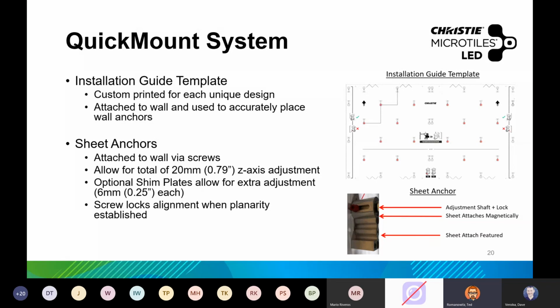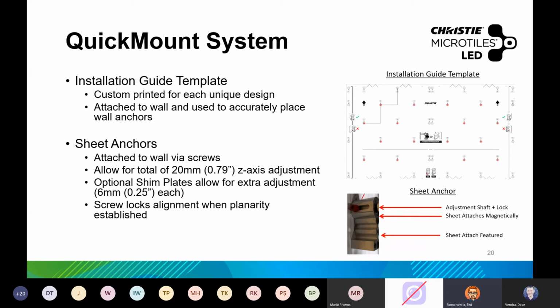So the wall anchors give you almost 0.8 of an inch of Z-axis adjustability, or 20 millimeters. In addition to that, we have optional shims that extend the wall anchor in increments of an additional 1/4 inch. So it's really quite easy to go to over an inch, or even to 1.5 inches of Z-axis adjustment, which is incredible.